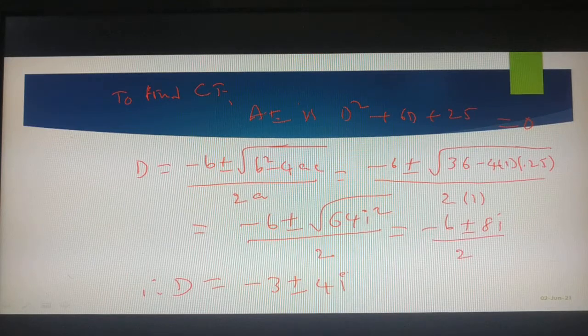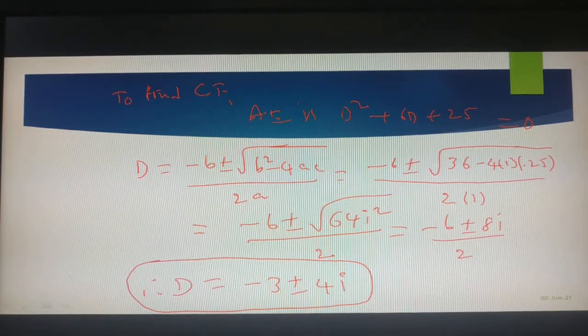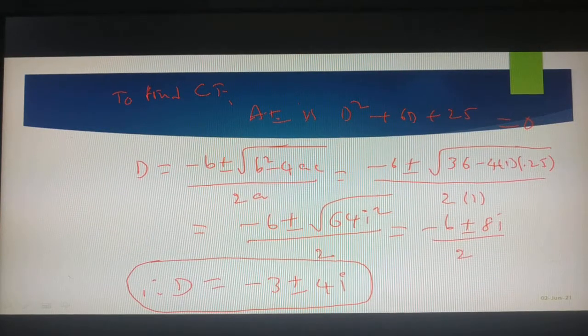Okay, clear? So now the roots are complex roots, and you know how to find the complementary solution when the roots are complex. What is the formula?